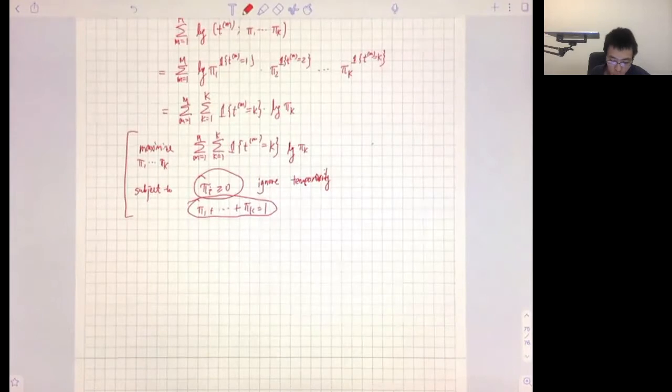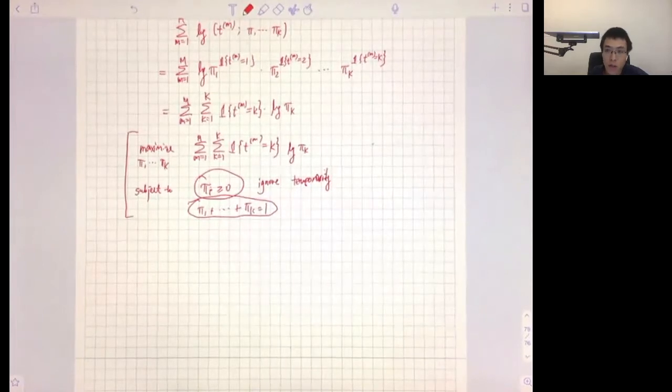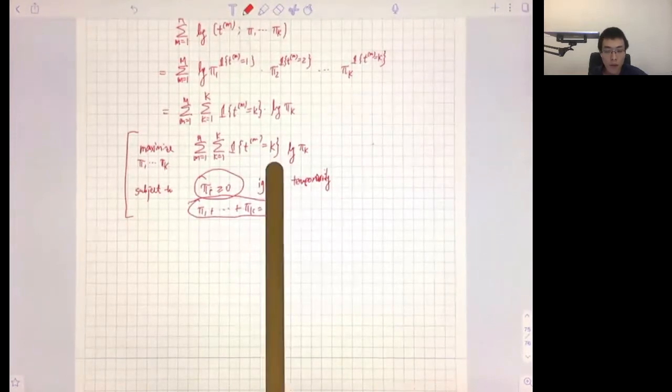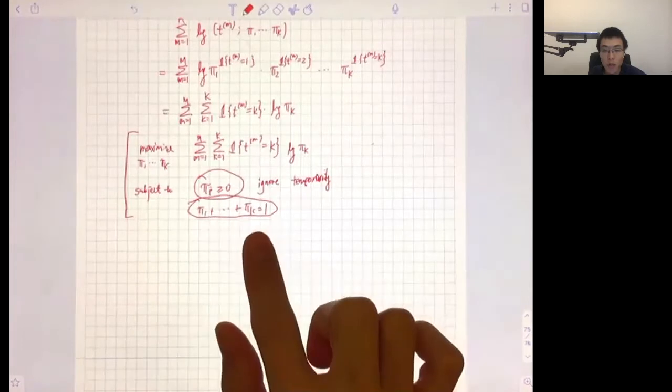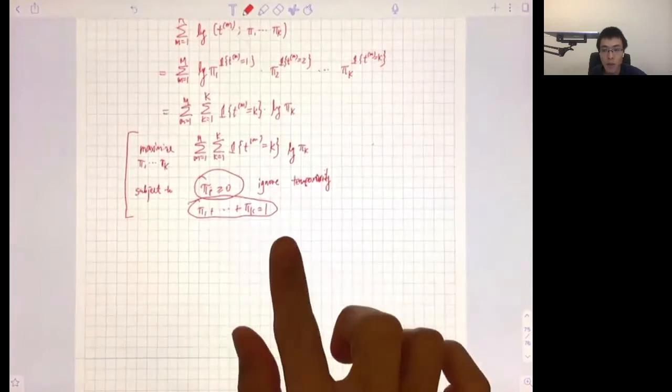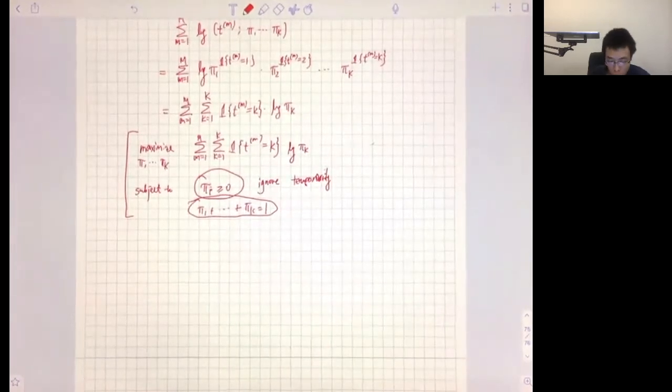Okay, so you remember that to solve a constrained optimization, especially a convex optimization, we construct the Lagrangian, and then we have the dual problem that gives you the same solution as the primal problem. And to solve that dual problem, you would consider the partial derivative with respect to the primal parameters, as well as the partial derivative with respect to the dual parameters, and you set both to 0, okay?